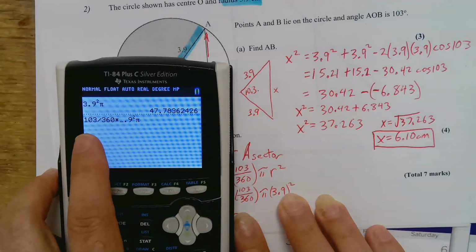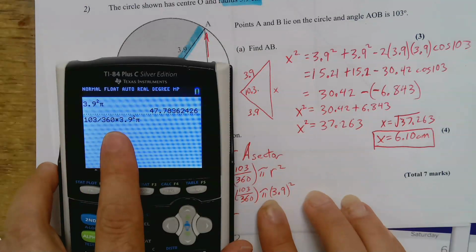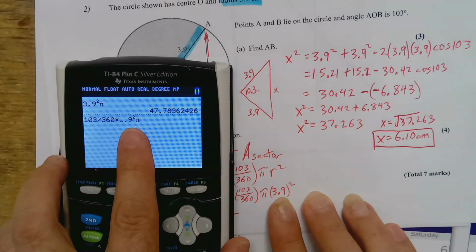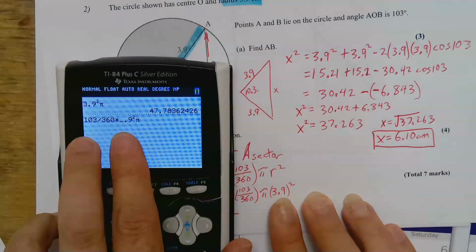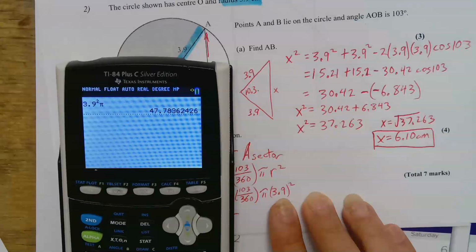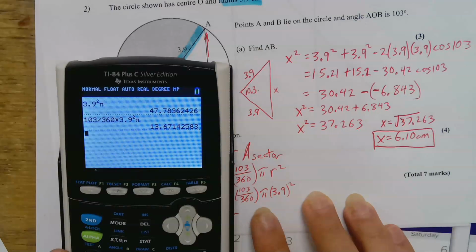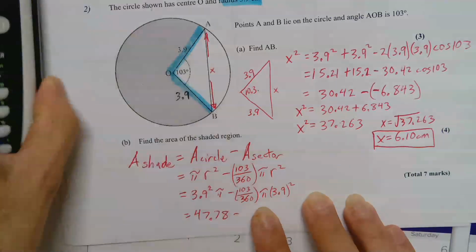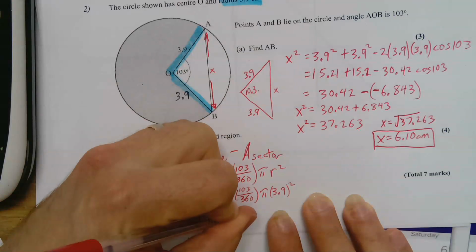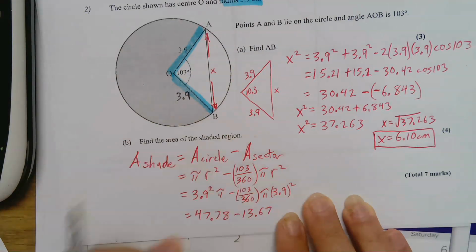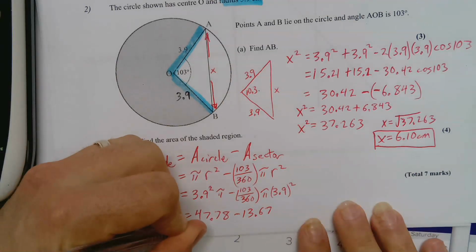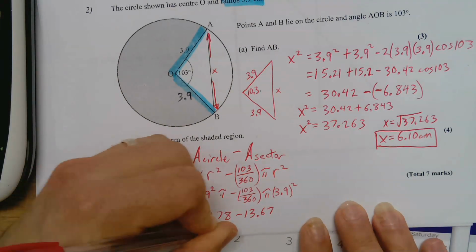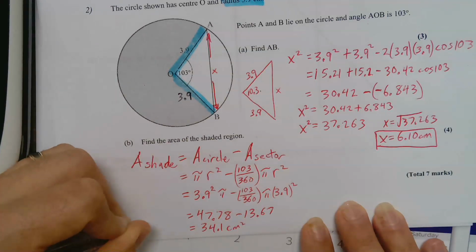So here I have 103 divided by 360 times 3.9 squared times pi. Okay, or I could just retype this whole thing in, that's fine. And then I get this value here is 13.67. And then I subtract those together, and then I get my shaded area is 34.1 centimeters squared.